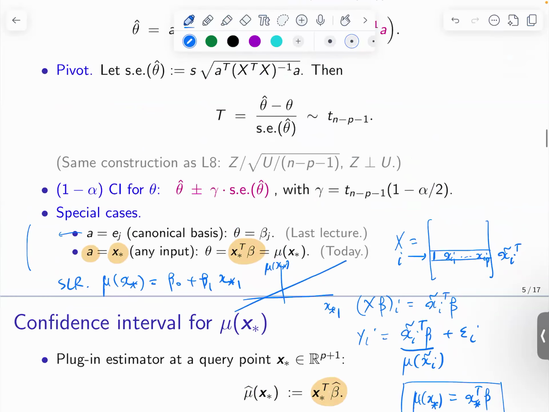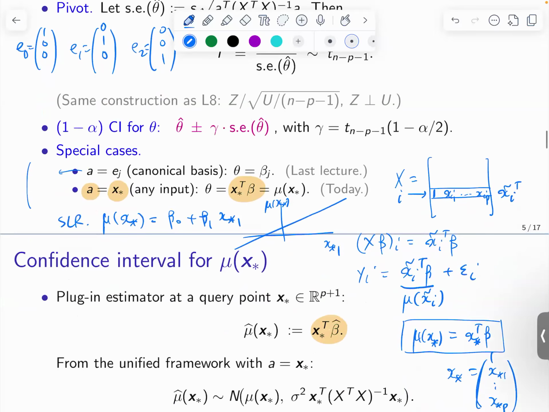So for example, in R^3, if you have the intercept, let's index the coordinates by a 0-based index. So e0 would be 1, 0, 0, and then e1 would be 0, 1, 0, and then e2 would be 0, 0, 1. And yeah, these are the ones.